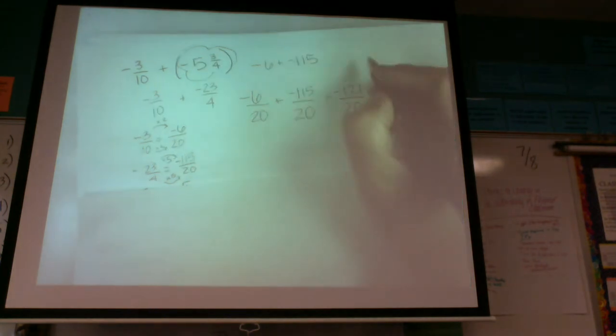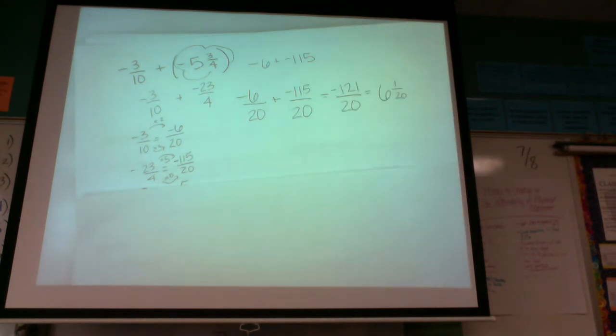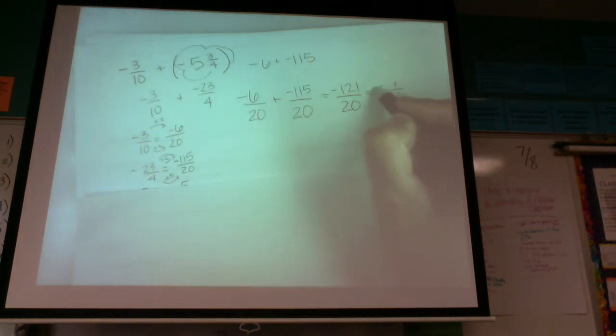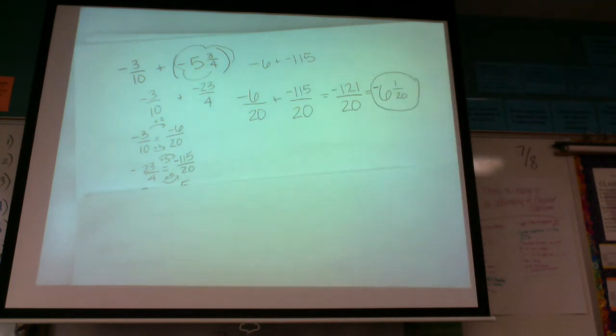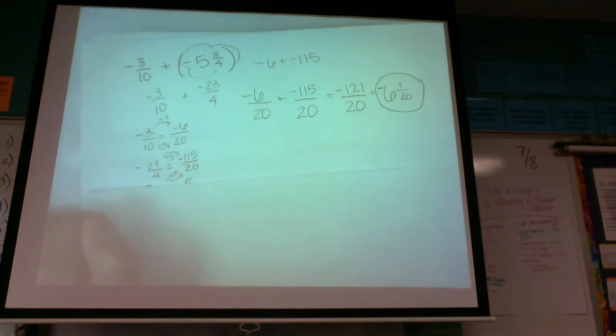It can go in 6 whole times. 6 times 20 is 120, so I'm going to have 1/20th left over, and hope you're seeing what it is that I forgot. This negative sign here has to be brought over, so this whole thing is a negative. That's a quick check when you're going through to make sure that, did I do it correctly? Is my answer negative? Because I'm adding a negative plus a negative. So don't confuse those with your multiplication and division rules.